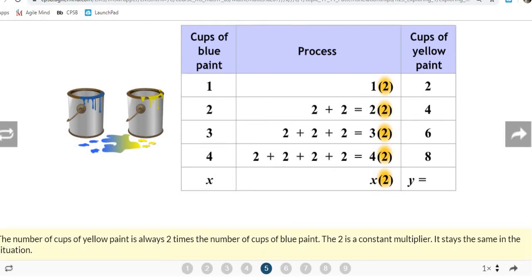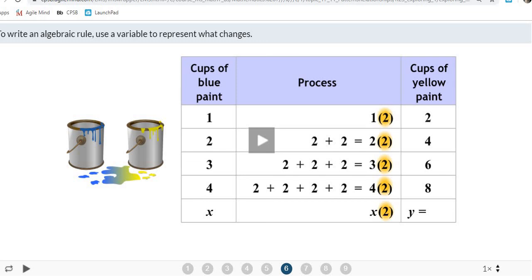Times a 2 is staying the same every time. So depending on how many blue cups I have, what am I multiplying it by no matter what? 2. No matter what number of blue paints I have, I'm going to multiply it by 2. Didn't y'all come up with that earlier? You said times 2. So I've just come up with an algebraic rule. Here it goes.